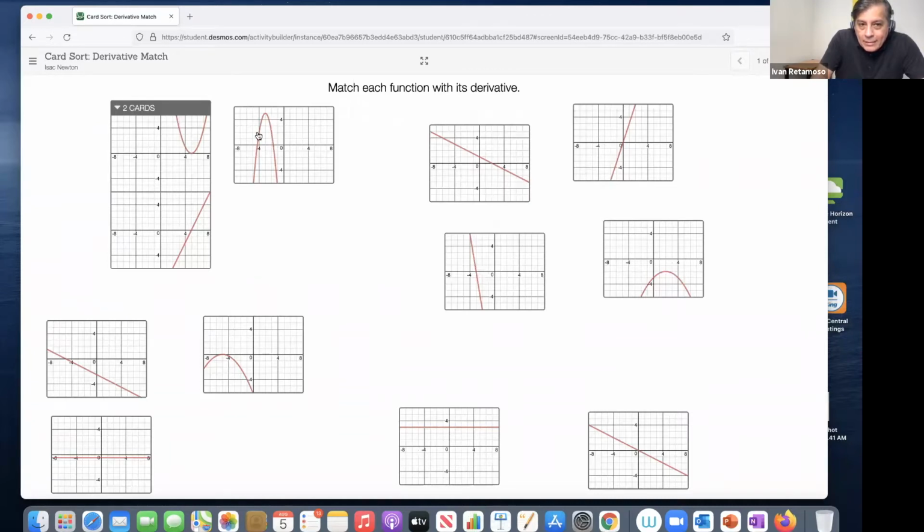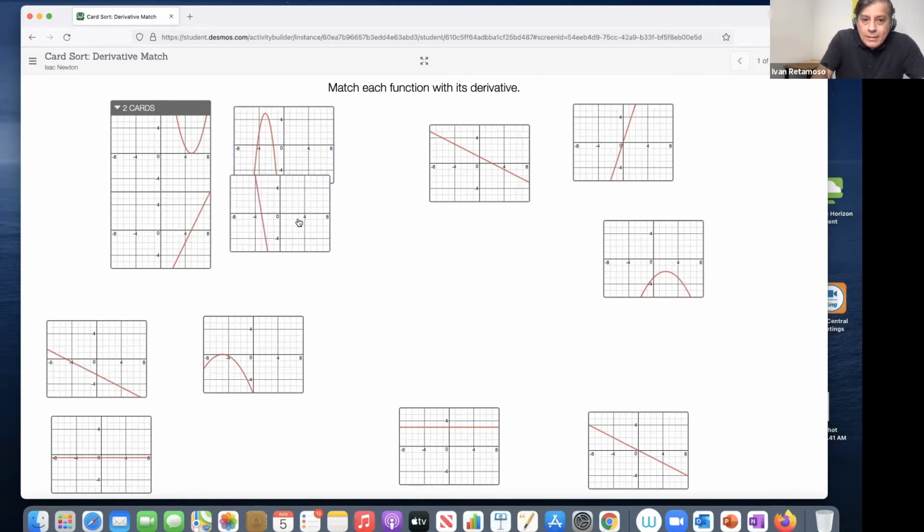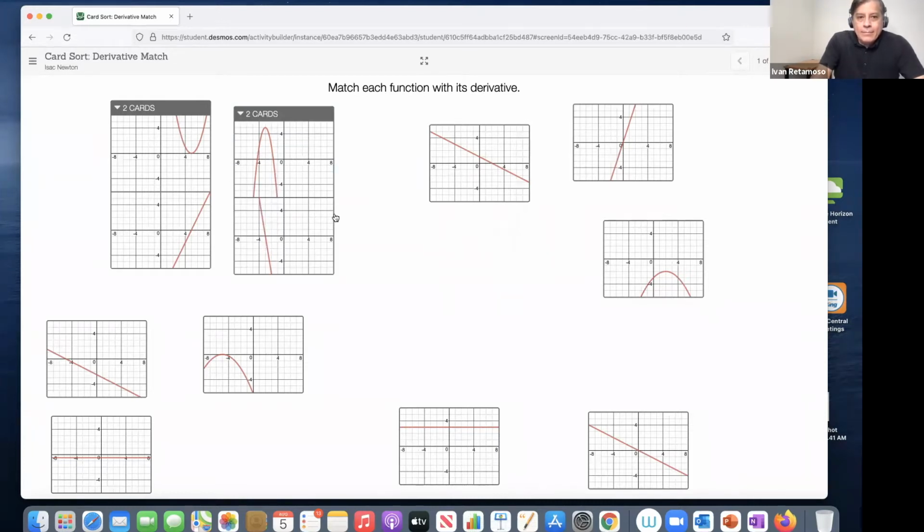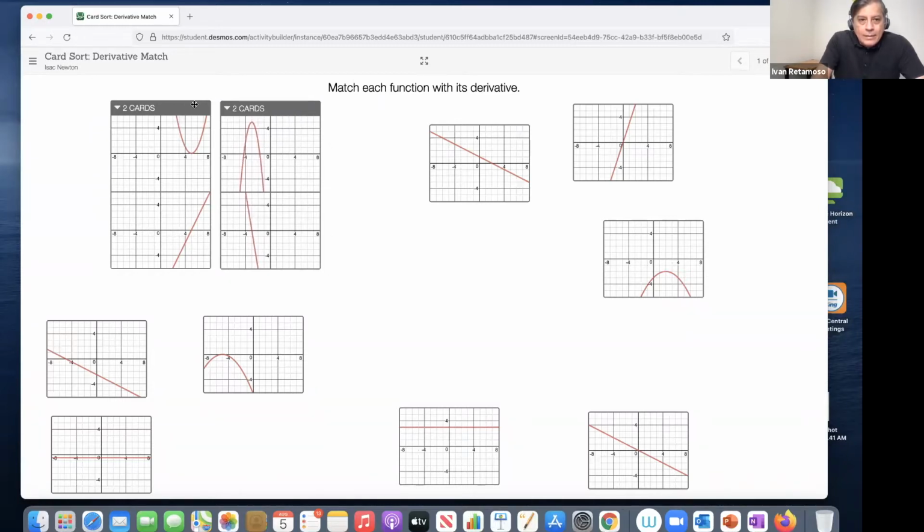The function is increasing from left to right, so that makes sense. And right after the vertex, the output values are decreasing from left to right, so the derivative is negative. This seems to be a great candidate. Excellent, guys. Put it there and they will click. Yes, we have 2 cards. Now more.